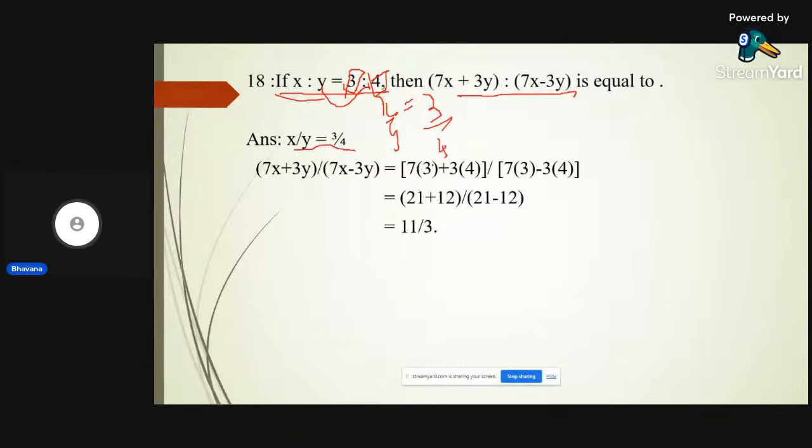So for (7x + 3y) divided by (7x - 3y), that is 7 into 3 plus 3 into 4.